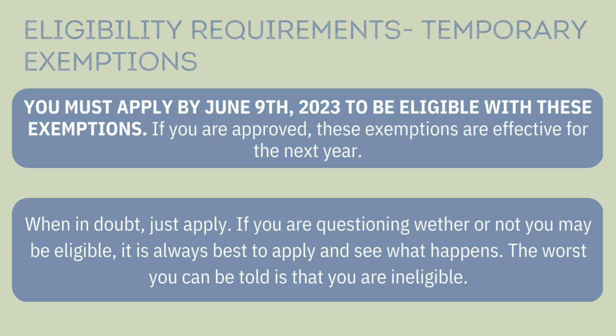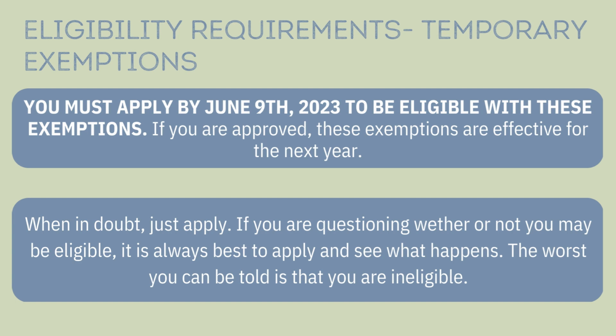I always tell people that when in doubt, just apply. If you're questioning if you might be eligible or not based on this long list of exemptions or other guidelines that we went over, just apply and see what happens. The worst that can happen is they're going to tell you you're not eligible for SNAP.